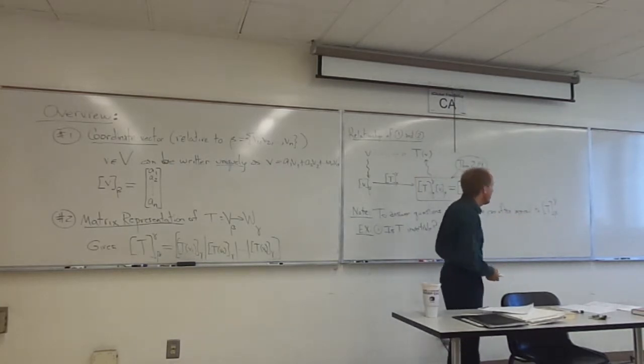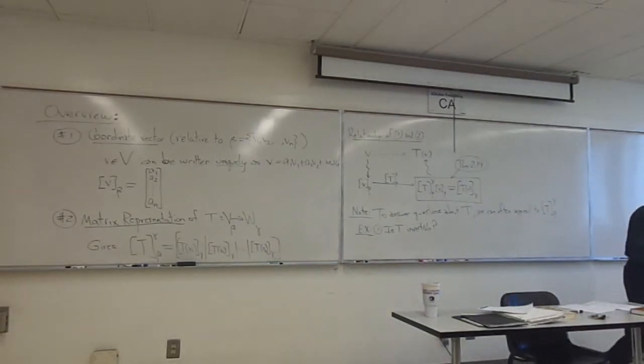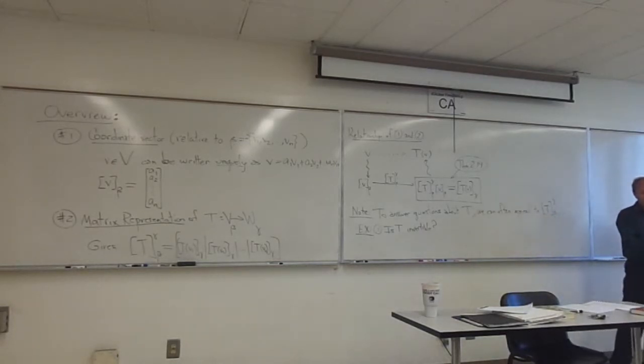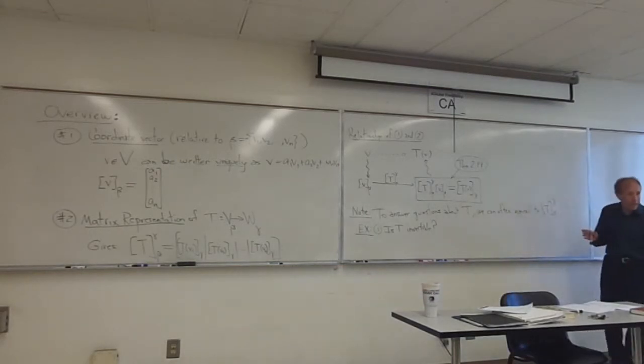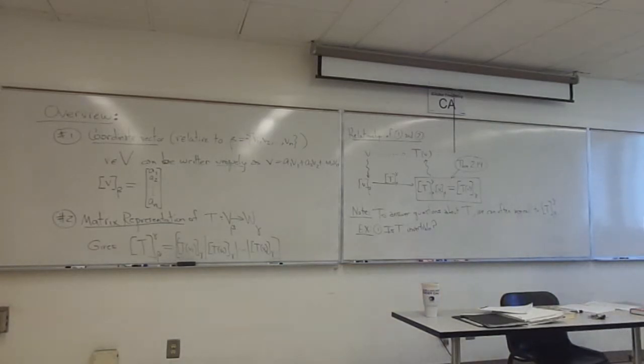That's not a sufficient condition, but it is a necessary condition for T to be invertible. Really, you're just looking at this matrix. It needs to be square, and then it needs to be invertible. And it doesn't matter what beta and gamma you chose to work with, right? Any choice of bases will give you the same result. Everybody remember that? That's because any two matrix representations of a linear transformation are always similar.